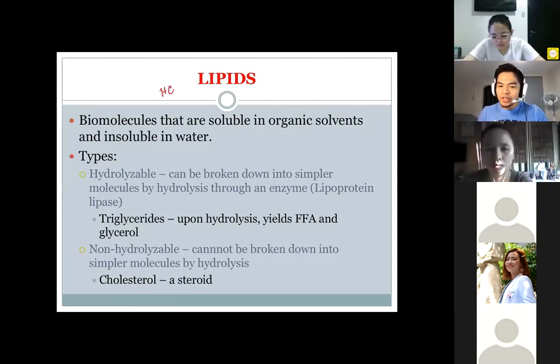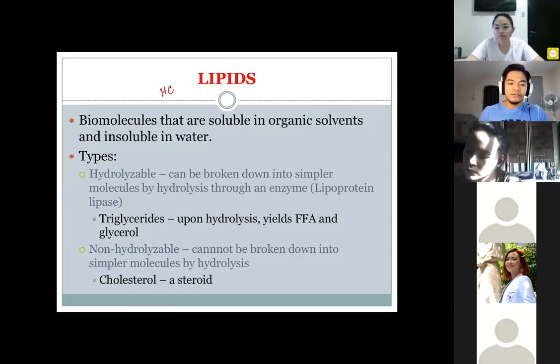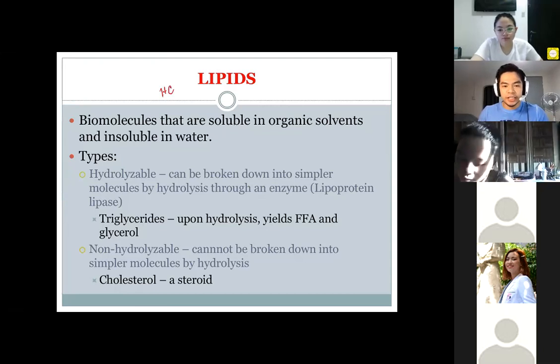Now, natatandaan nyo ba sa biochem dati na ang lipids pwedeng ma-hydrolyze at pwedeng hindi ma-hydrolyze? Can you recall this in biochem before? So hopefully, some of you can remember this. So we have different classifications of lipids based on susceptibility to hydrolysis. Number 1 is hydrolyzable lipids.